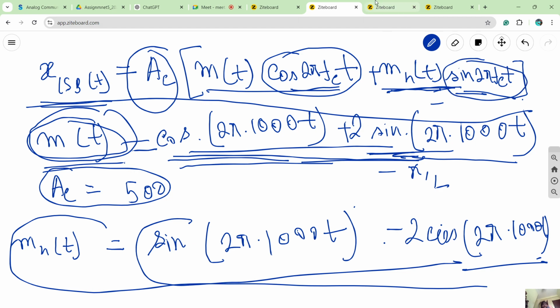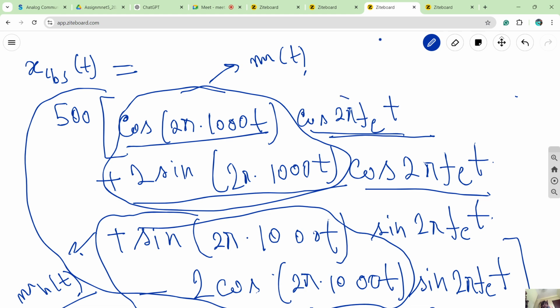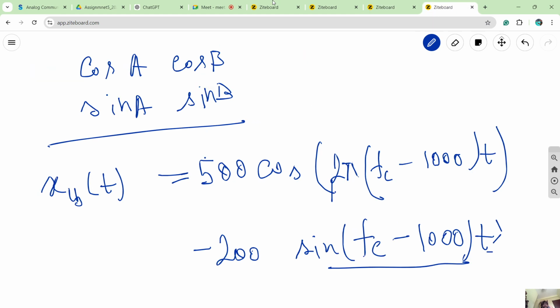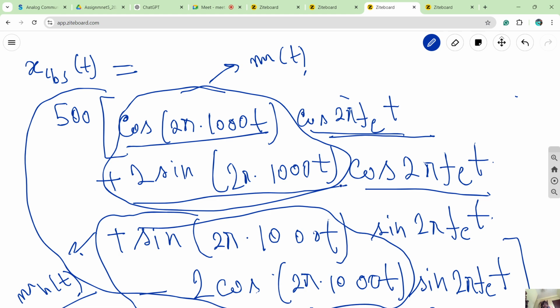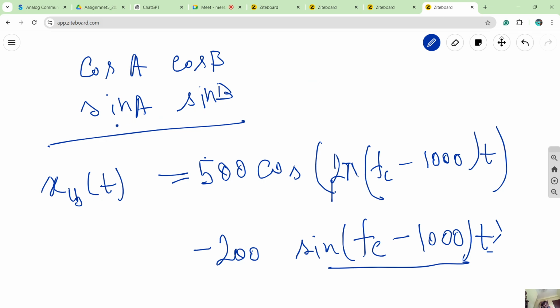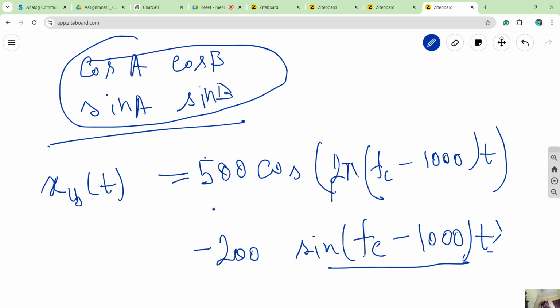We have expanded it here, and then you have to just solve that. These are cos a cos b, sin a cos b, sin a sin b, cos a sin b. There are four formulas. You have to expand these things, and then you will get this simplified equation.